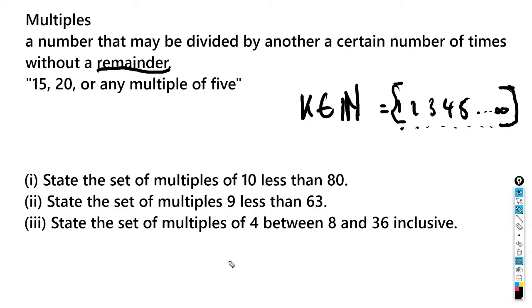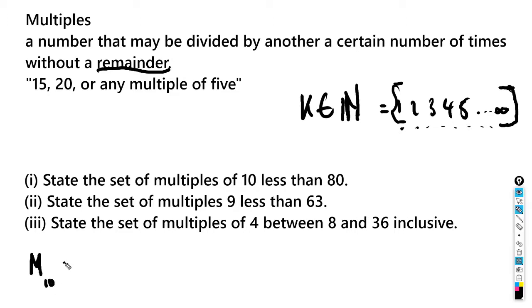Let's look at these 3 examples. It's always good to do 3 examples, or more if you can. It says, state a set of multiples of 10 less than 80. So this one is easy. Let's call it M10.